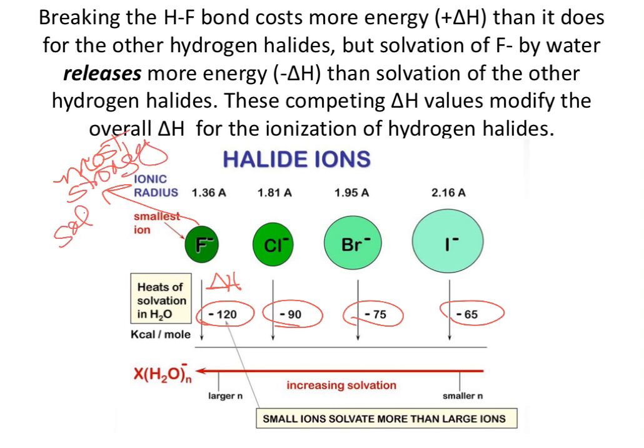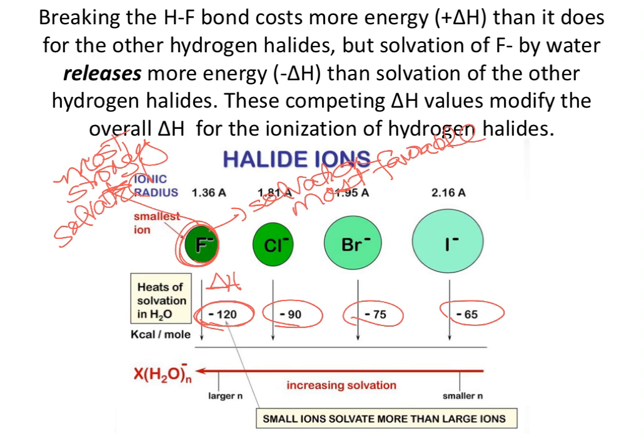That means that the most energy is released when the fluoride ion is solvated. So the more negative delta H is, the more favorable it is. So the solvation of fluoride ion is most favorable, most exothermic.